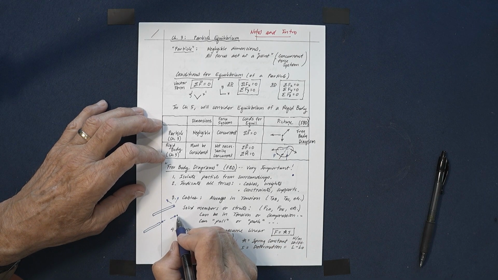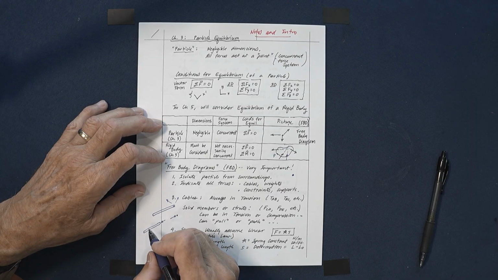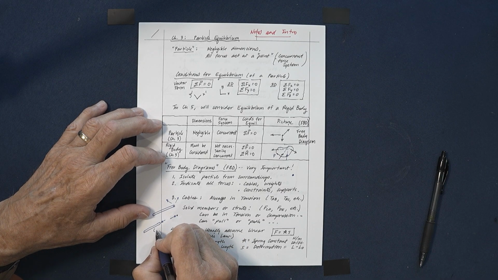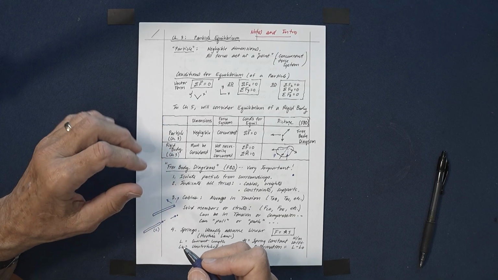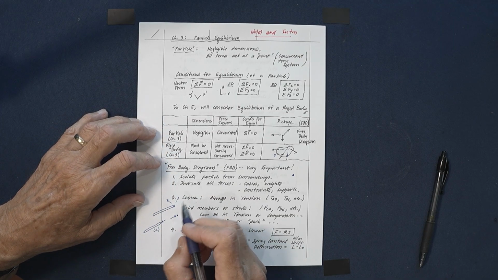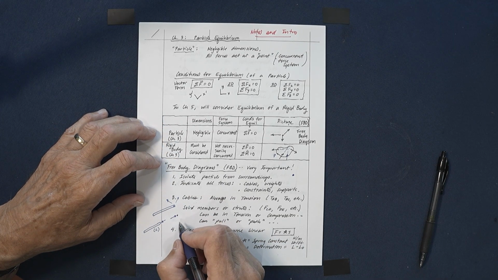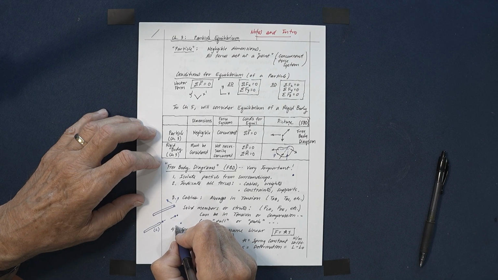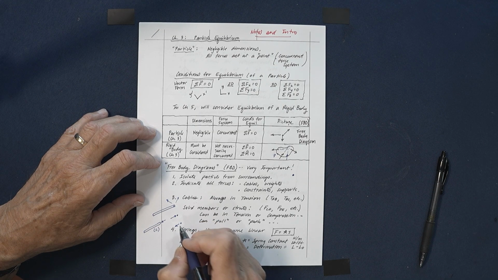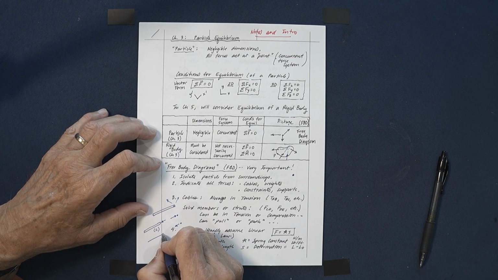If the strut is pushing or the pin is pushing, then that puts this strut in compression. On the other hand, if this strut or a cable is pulling on the pin with a tension force, then that means the pin is pulling on the strut.